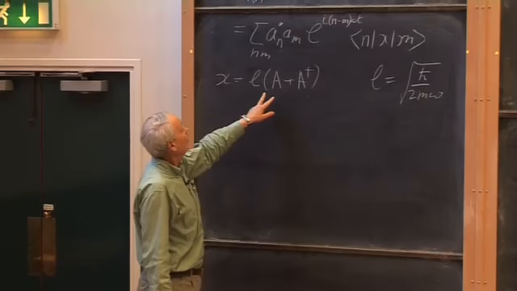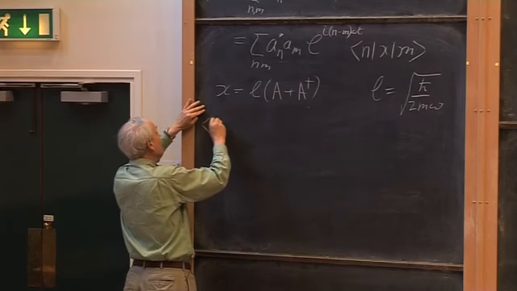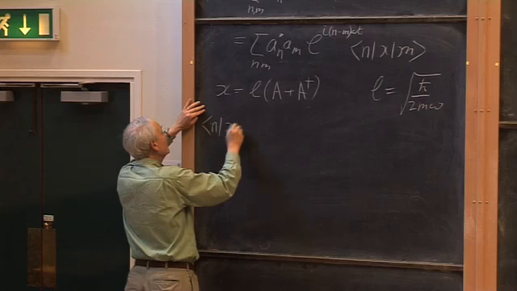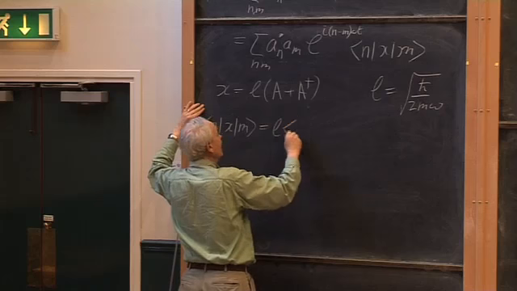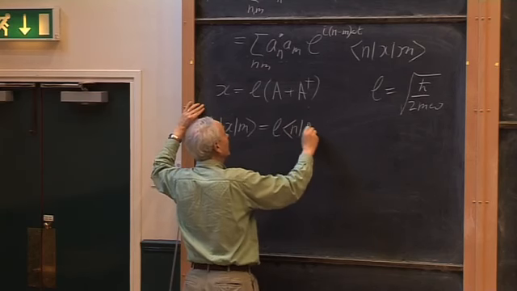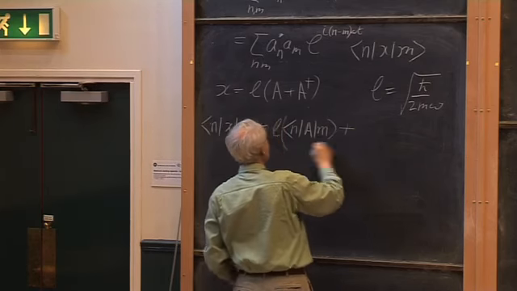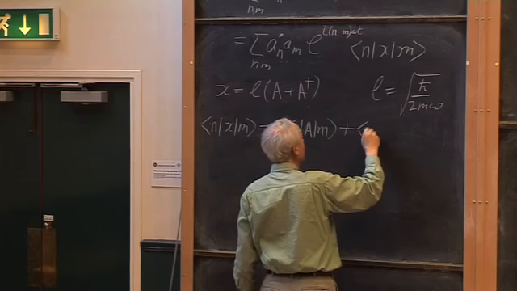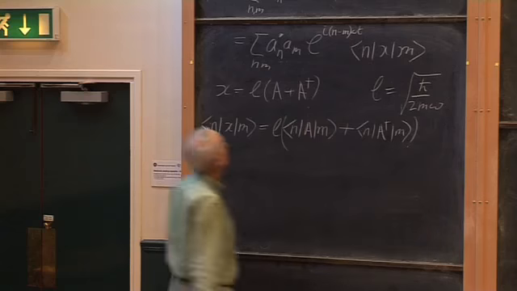And we also saw what happened when we took an expectation value while we were doing a slightly harder problem yesterday. So this is going to be very straightforward now, because it's going to be L times bra n, a, ket m, plus bra n, a dagger, ket m. All right?